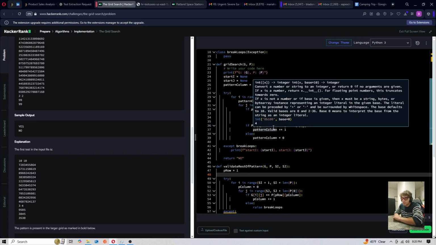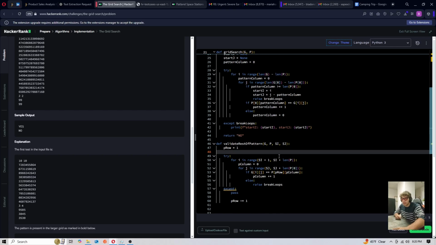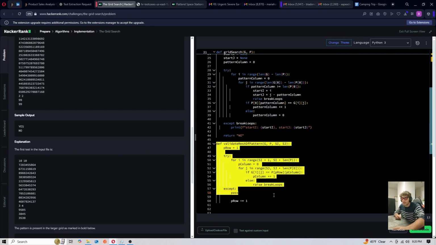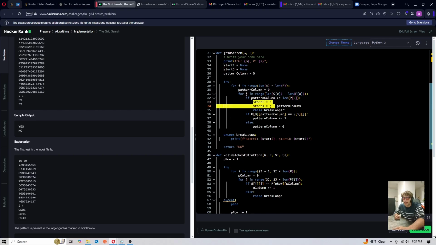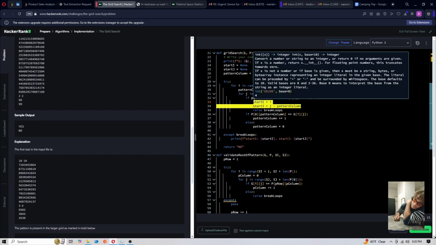Basically once it matches the very first pattern, it runs this to try and confirm the rest of the patterns. And it does that by taking the start row and the start column, start I and J here, and this refers to where the pattern was first matched.